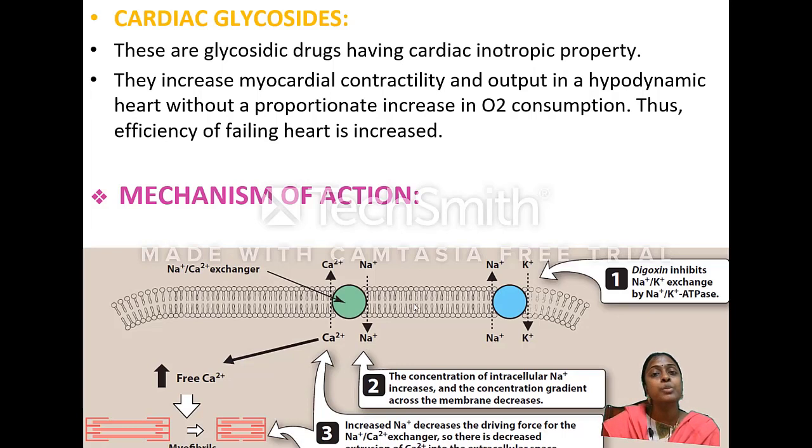This won't happen, because when there is more sodium and more calcium, it will increase the contraction levels also. So we need moderate contraction and moderate relaxation. For that reason, we will give this Digitalis.